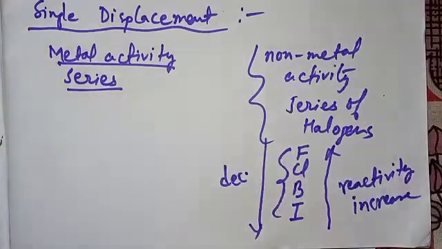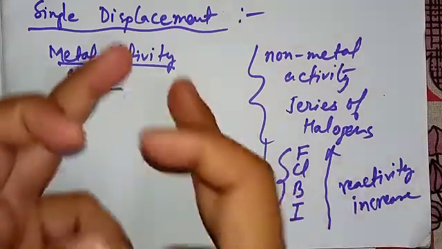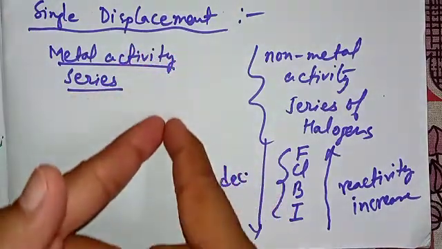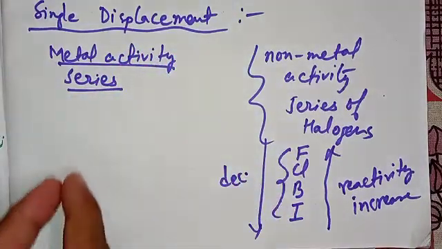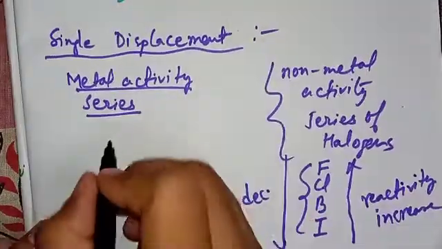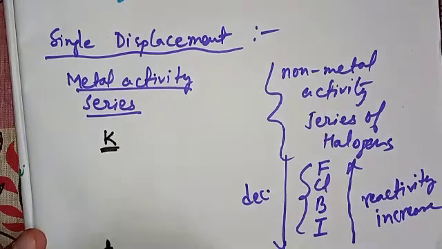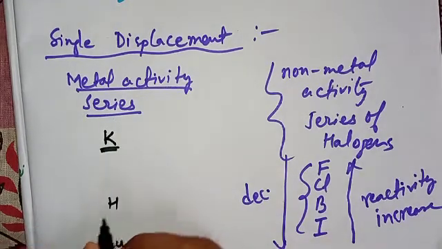Okay, I don't have the chemistry book now, otherwise I would have shown you. You know that metal activity series. In the metal activity series, if you go down, the reactivity decreases, and if you go up, the reactivity increases. For instance, potassium is the uppermost metal, and copper is lower, with hydrogen in the middle.